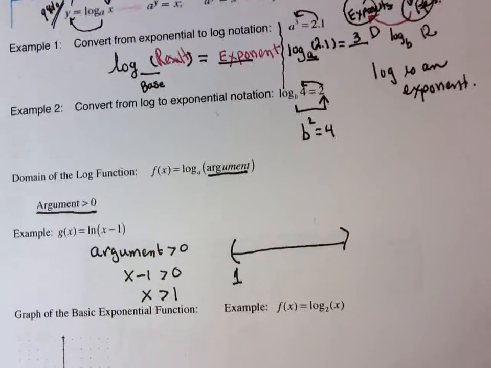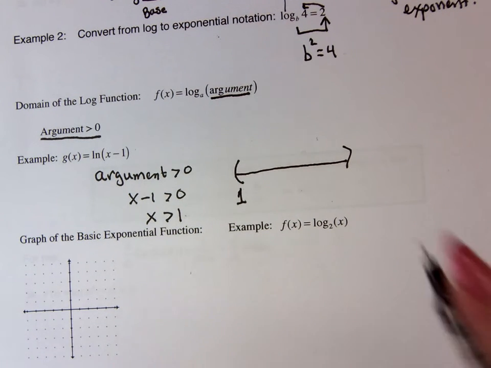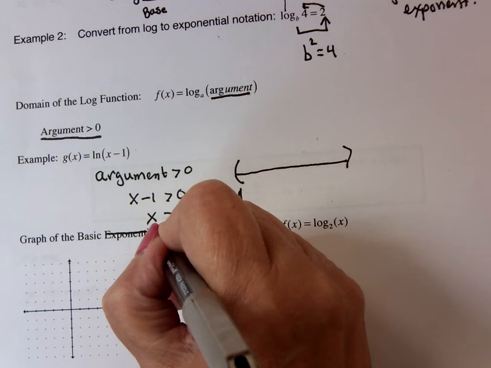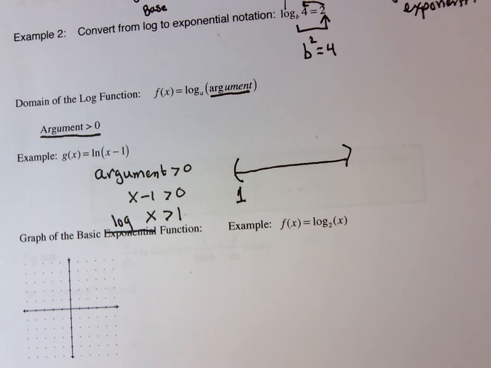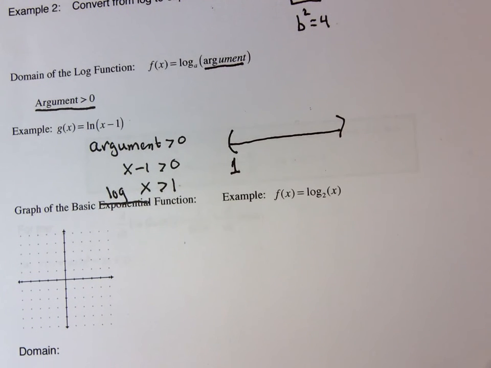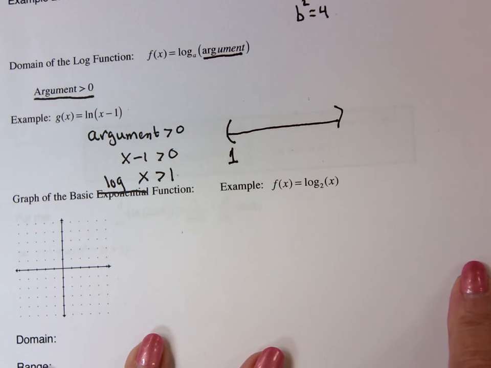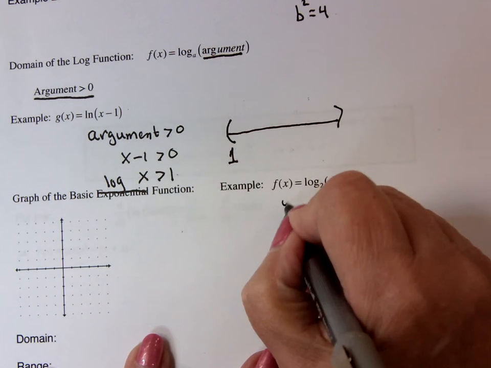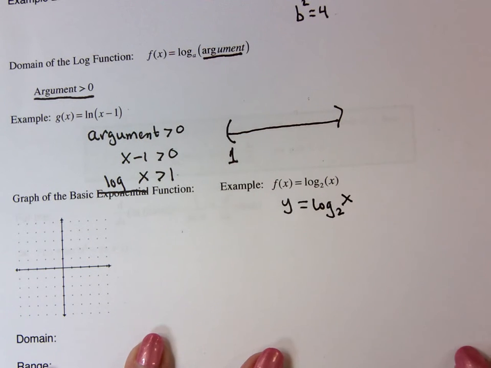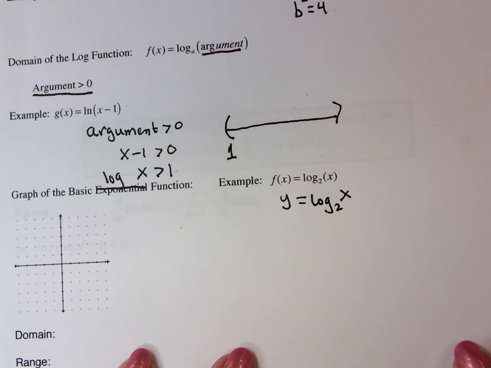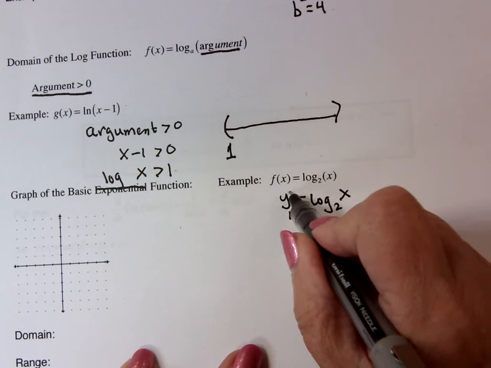Now let's remind ourselves of what a logarithmic function looks like. This should be the graph of the basic log function, not exponential, good old cut and paste. If I wanted to graph just a simple function, y equals log base 2 of x, what we did in college algebra is rewrite that as 2 to the y is equal to x.